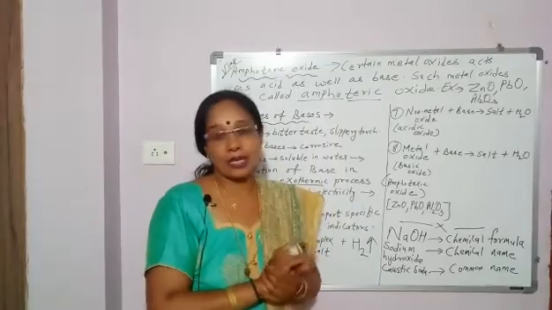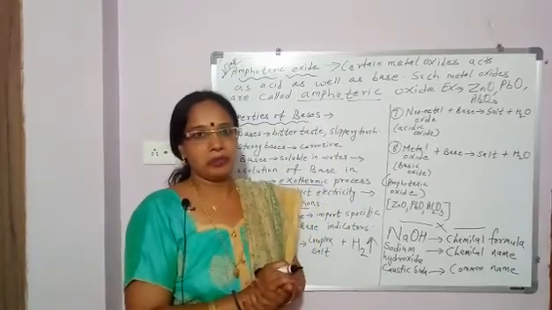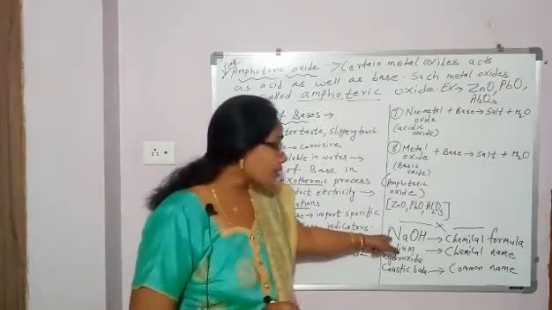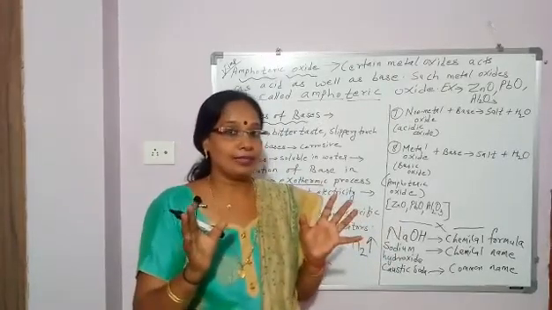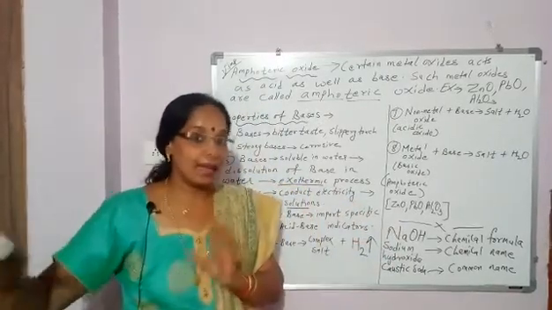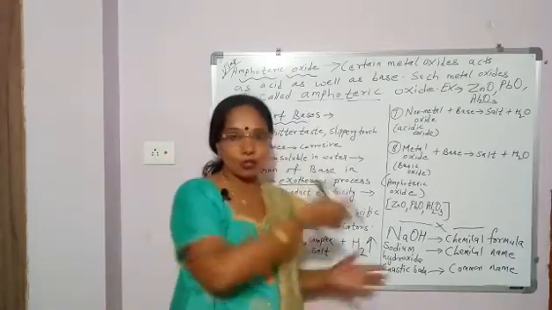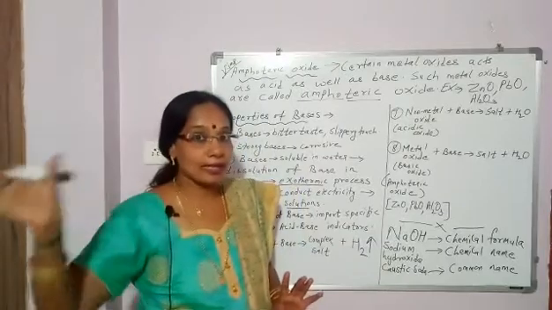And in solid state, in which form is it present? Powder form or in the form of pellets? Sodium hydroxide is not present in the form of powder. It is available in the lab in the form of white pellets. This question is asked, so I am discussing here. In which form do you get sodium hydroxide?